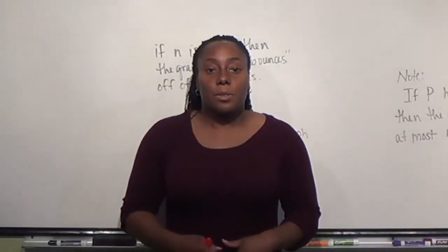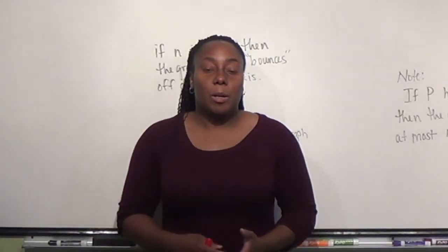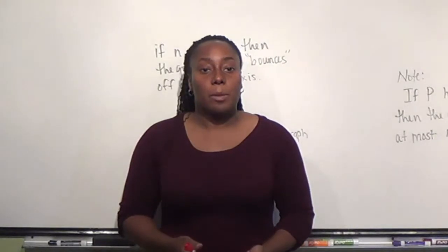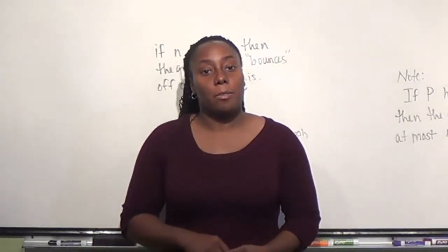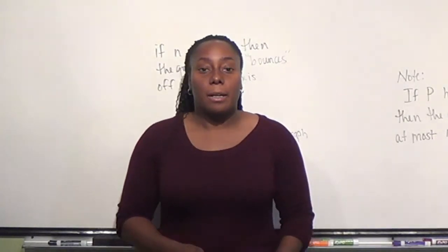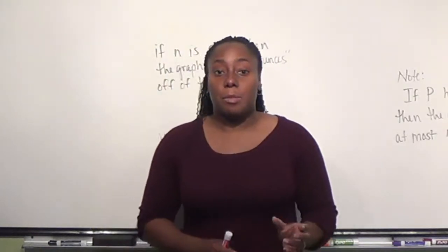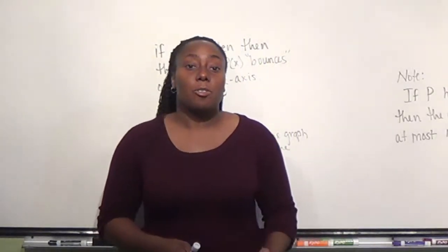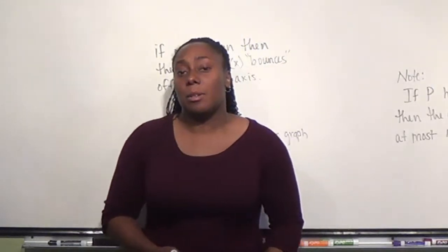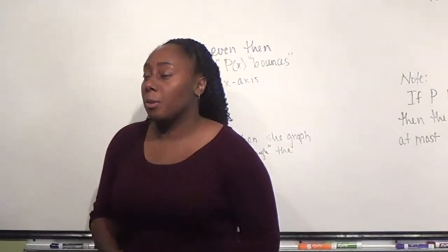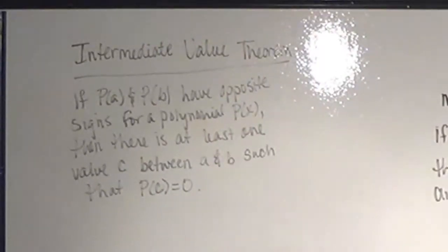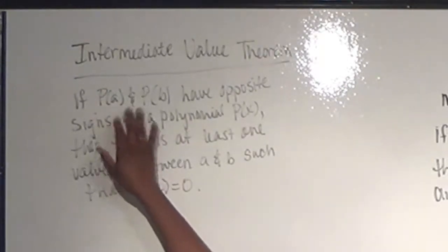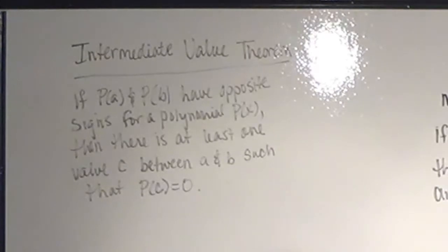Okay. So looking a little further into our polynomials, one of the properties that comes out from the fact that our function is continuous and that there are different types of end behavior is this notion of intermediate values. Okay. The intermediate value theorem basically tells us that if I'm looking at a polynomial function and I have 2 points, which I'm going to call p of a and p of b, so a and b are the x values, p of a and p of b are my function values.